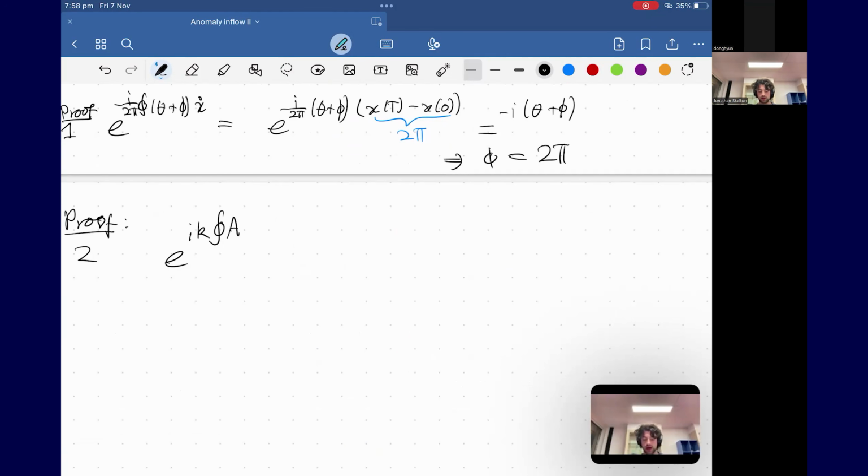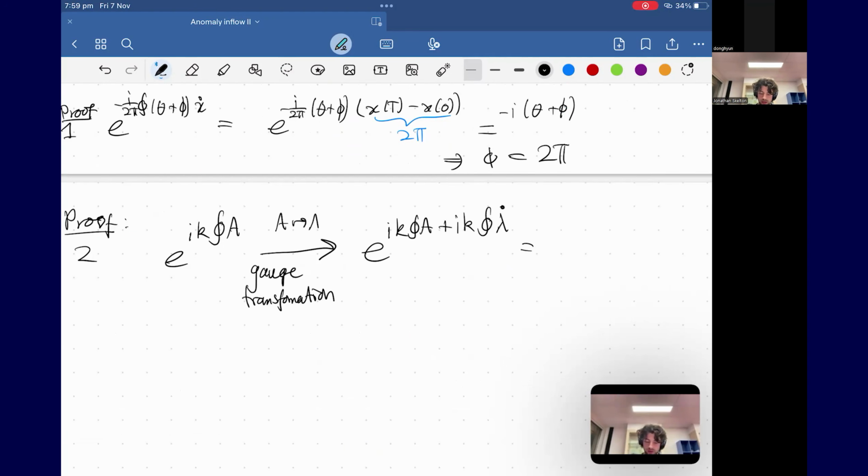And the idea is we want to then do our gauge transformation. And this is then going to be ak plus ik lambda dot, so this is the gauge transformation where A goes to A plus lambda dot.